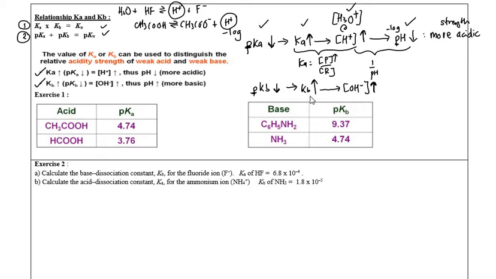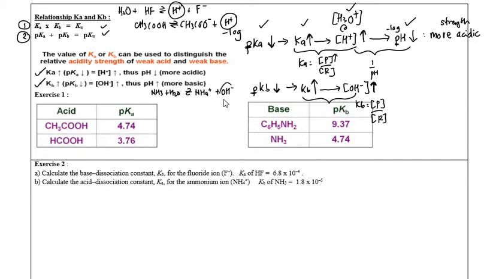Okay, sebab apa? Kita tahu when refer kepada Kb expression, concentration product over reactant again. Your OH term ini always as your product. Contoh, kalau saya ada NH3, react with H2O, saya akan dapat NH4 plus OH minus.